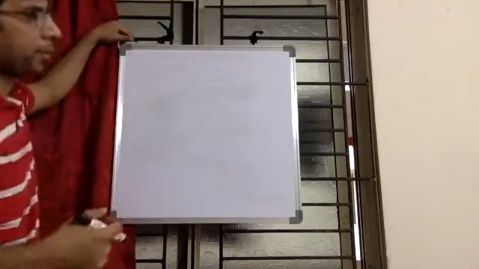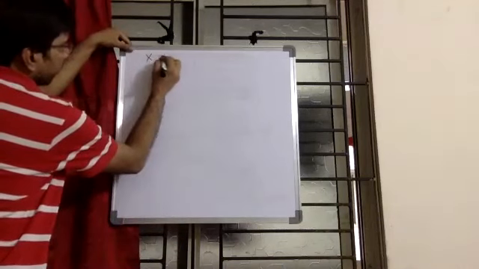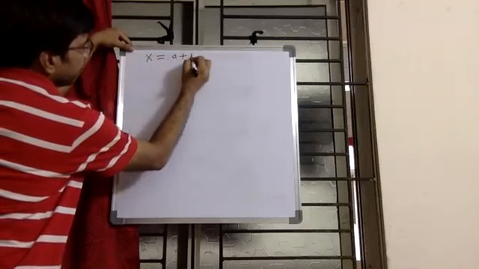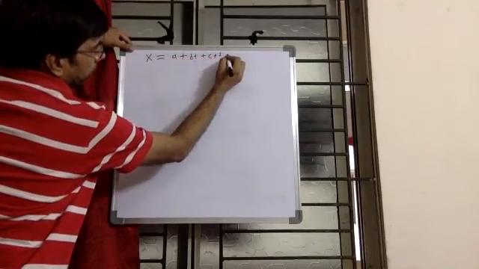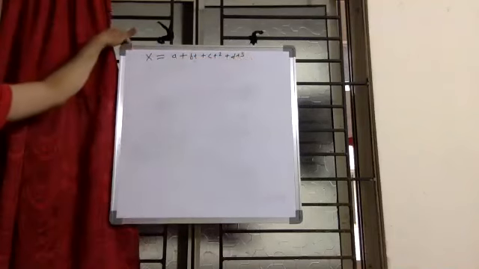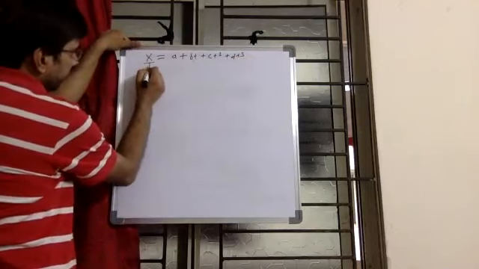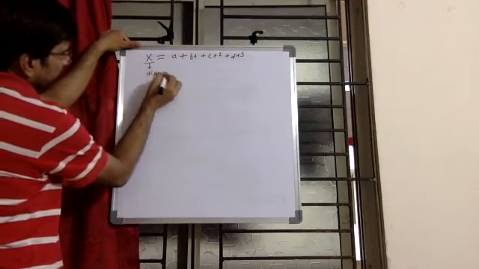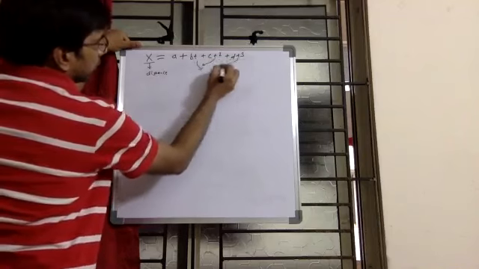One more example we discussed last time. X equal to a plus b into t plus c t square plus d t cube. Here we just know that x is distance and all these t are times.